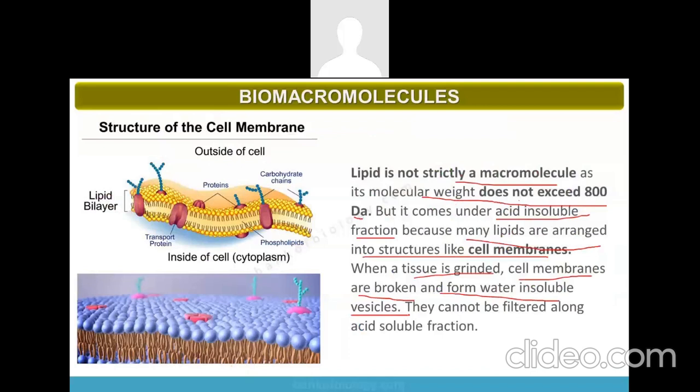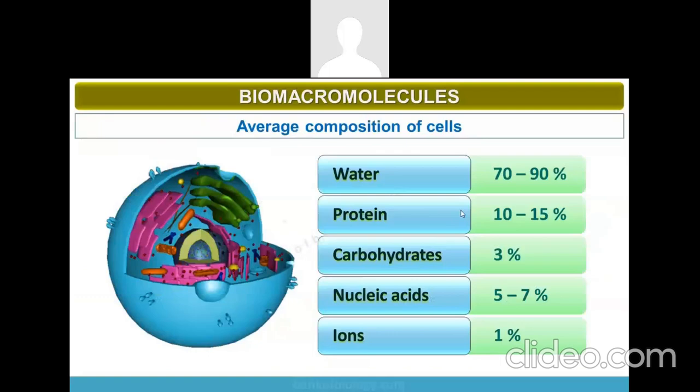When a tissue is ground, the cell membranes are completely broken and they form water insoluble vesicles. Vesicles means globe-like structures or small fat-like globules which will appear bigger. So they cannot be filtered along with the acid soluble fraction. As a result, you call them macromolecules.